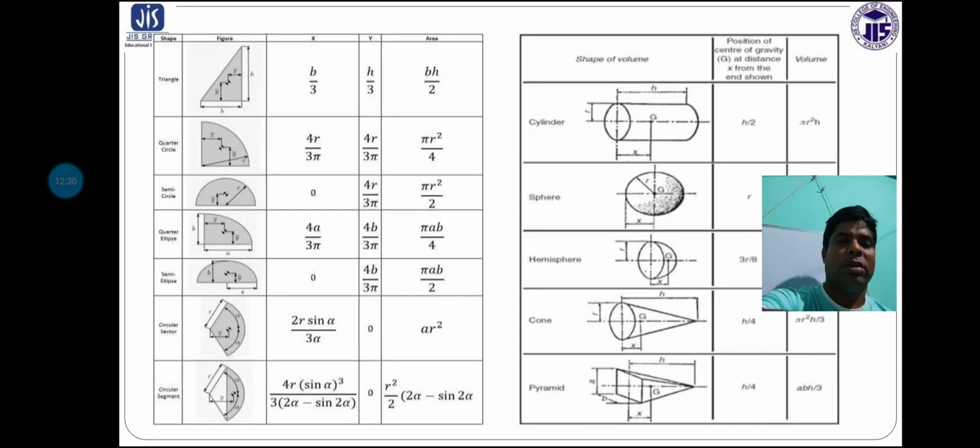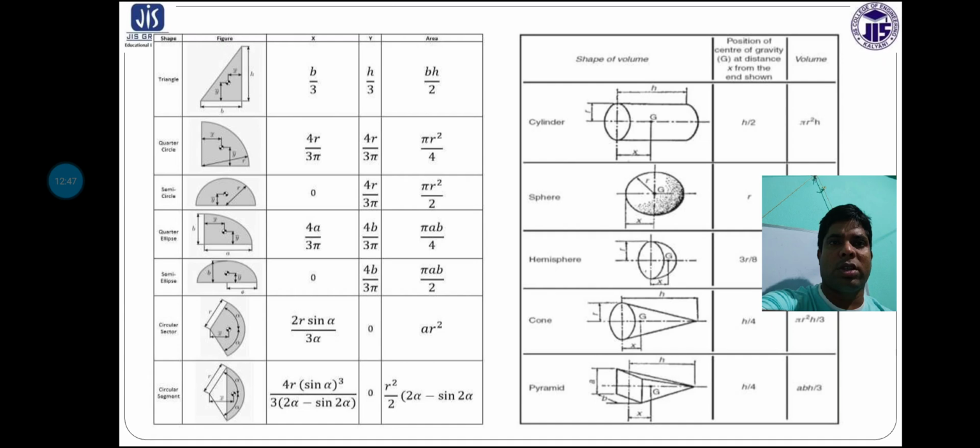In this slide we can get the different values of the x axis and y axis centroids according to the area. First, the quarter circle.